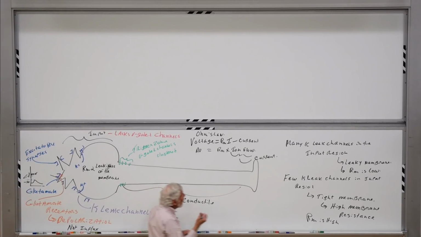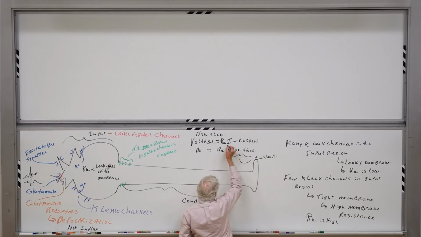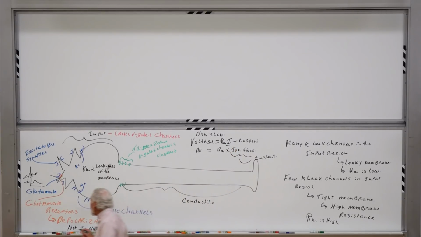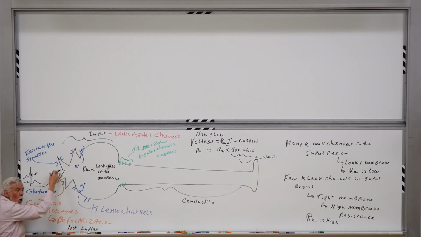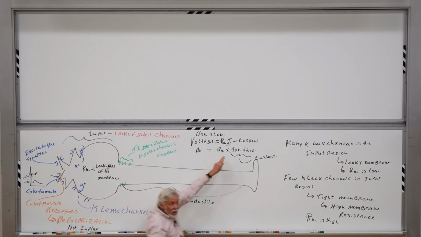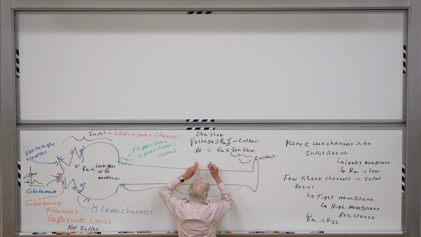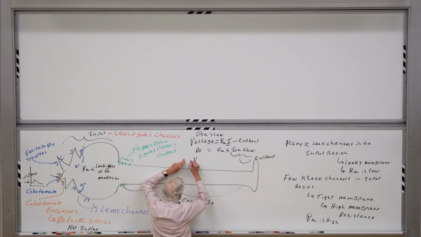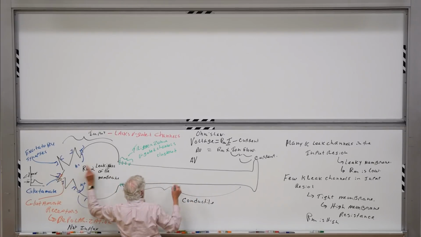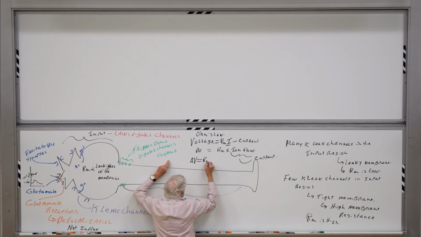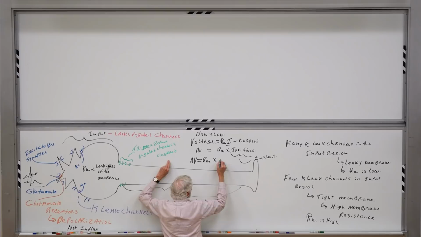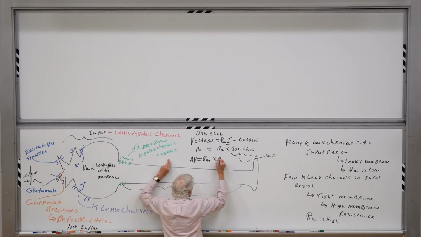So that's this current, I. They're always pretty much the same number here, a few hundred of them. So the amount of current that will flow at this one synapse is pretty much fixed. We can't change that much. So that means we can say the voltage change, the delta V, the depolarization, is equal to R sub m times the number of ions moving.